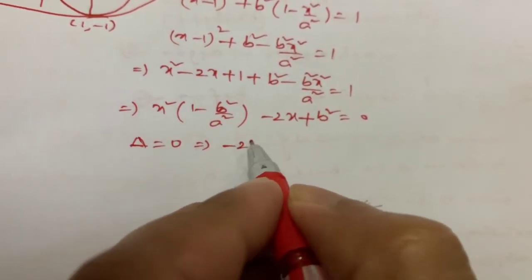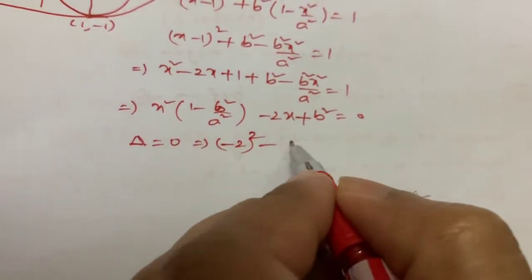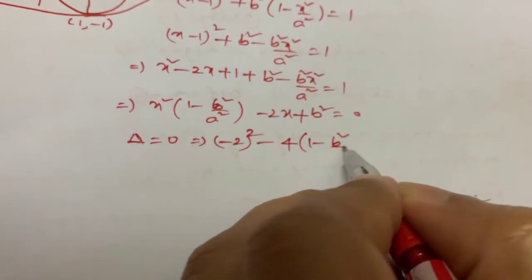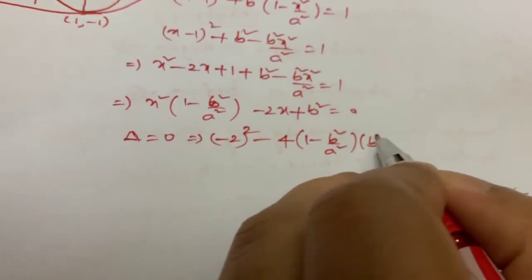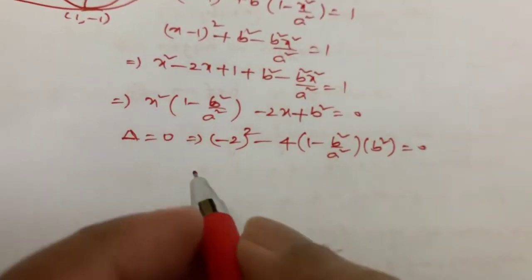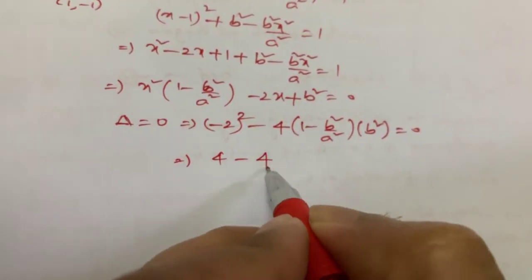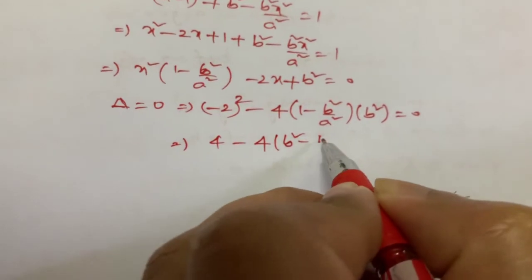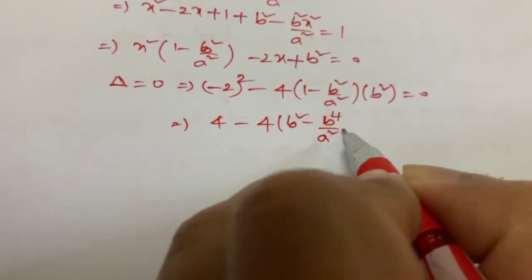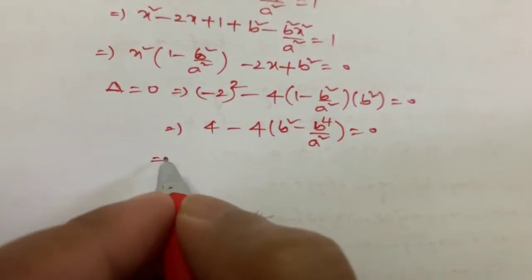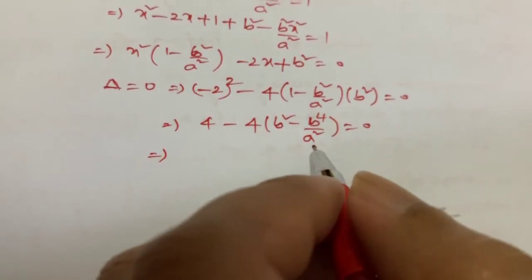So (−2)² − 4(1 − b²/a²)b² = 0. So 4 minus, this is 4b² − 4b⁴/a² = 0. So we can cancel 4.